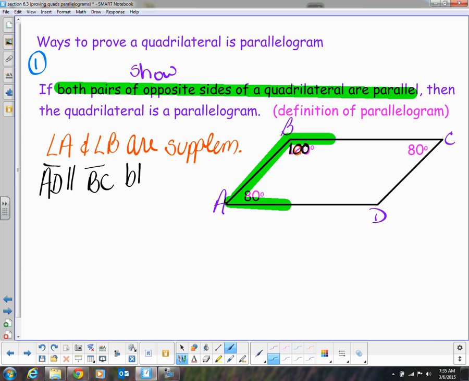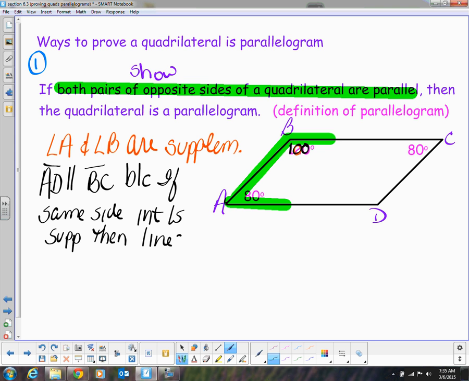Why? Because if same side interior angles are supplementary, then what do we know about the lines? Lines are what? Parallel. That's working that one theorem backwards.